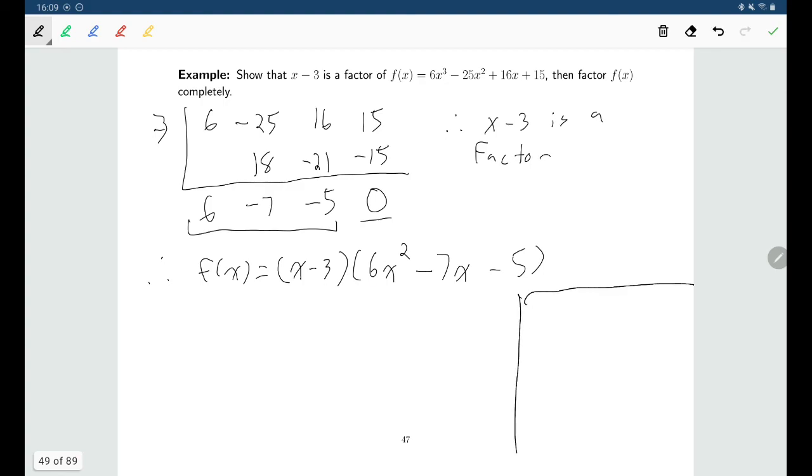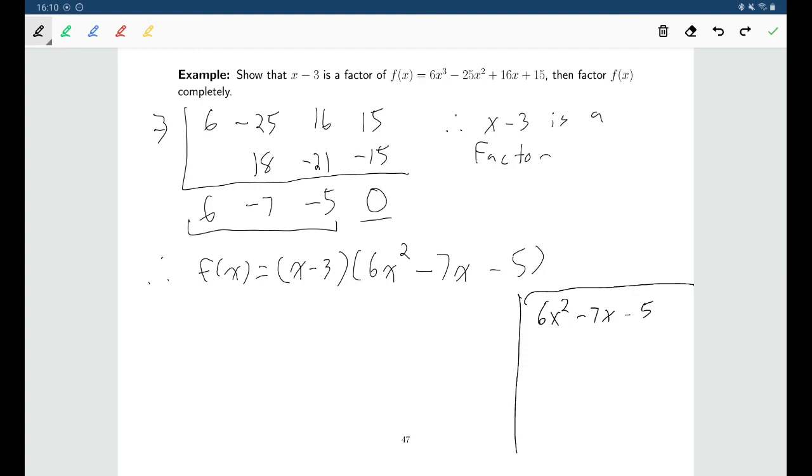To factor something like 6x squared minus 7x minus 5, we would be looking for numbers that multiply together to give us negative 30, 6 times negative 5, and which add up to give us negative 7. What numbers multiply to negative 30 and add up to negative 7?